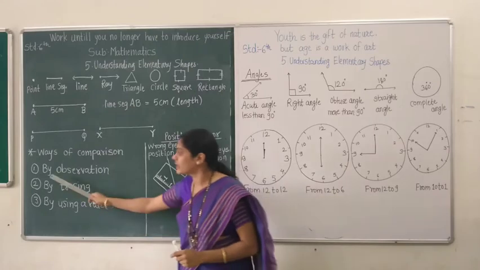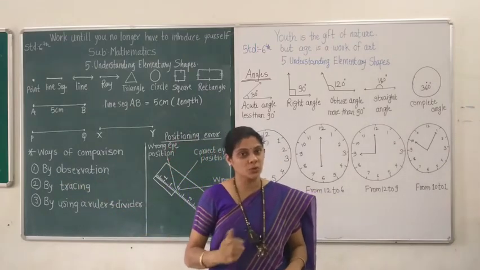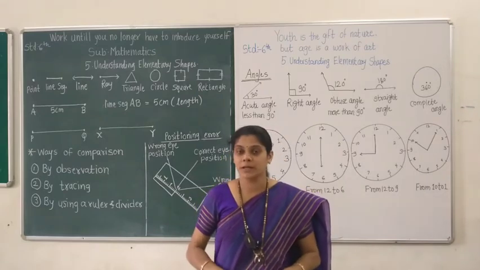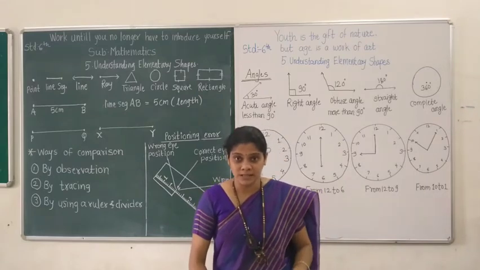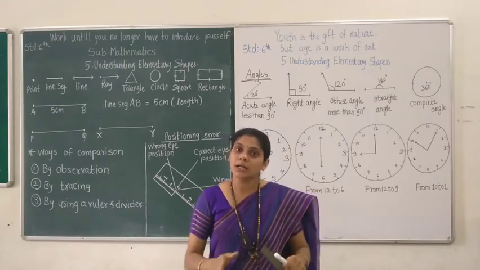Now look here, the first one is by observation. That means by observation alone you can tell whether it is smaller or bigger. In nursery, junior KG, senior KG, you have already studied this.